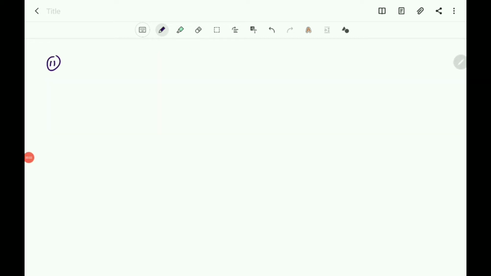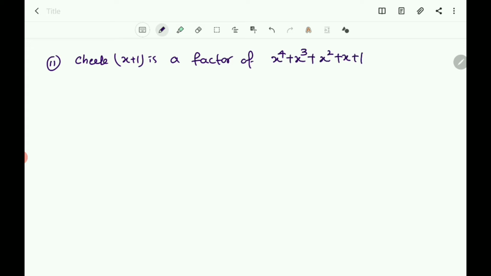Now the second one is, again check whether x plus 1 is a factor of the second polynomial, x to the power of 4 plus x cube plus x square plus x plus 1.